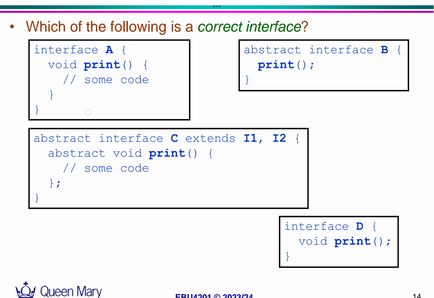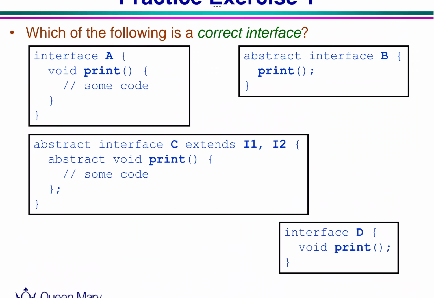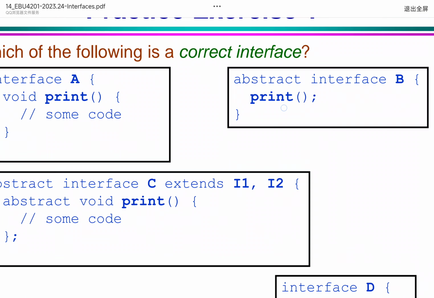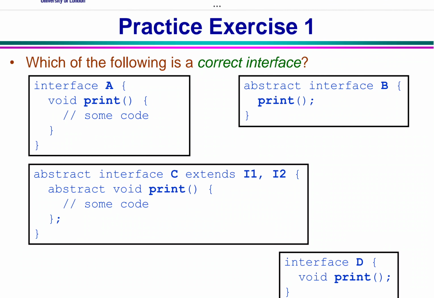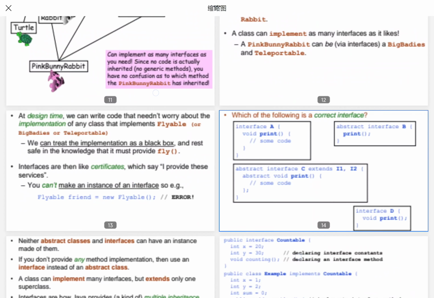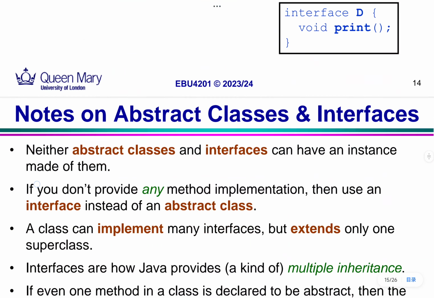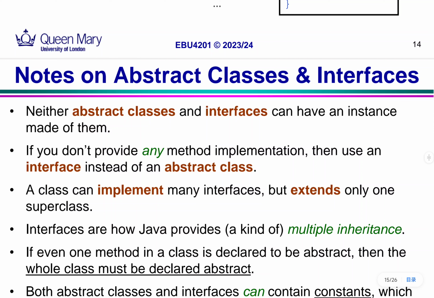Is this right, or not right? This method is not wrong, not right. Public abstract interface. Note on abstract classes that neither abstract class nor interface can have an instance. Neither of them could have an instance method.